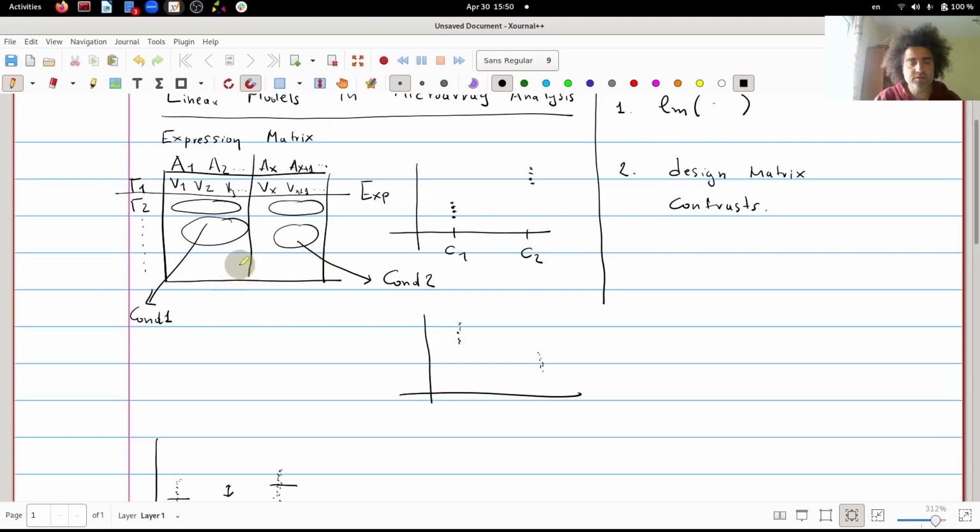So if here we have healthy people and here we have sick people, the condition might be health eventually, and this condition has two levels.